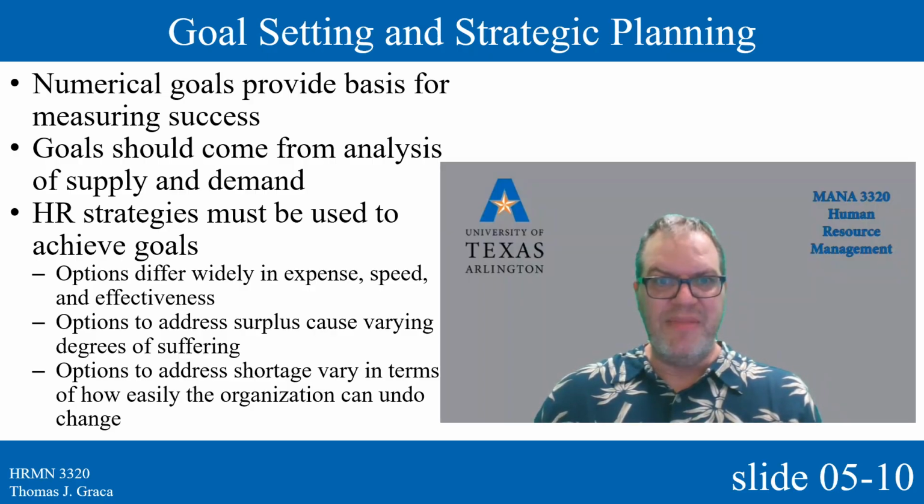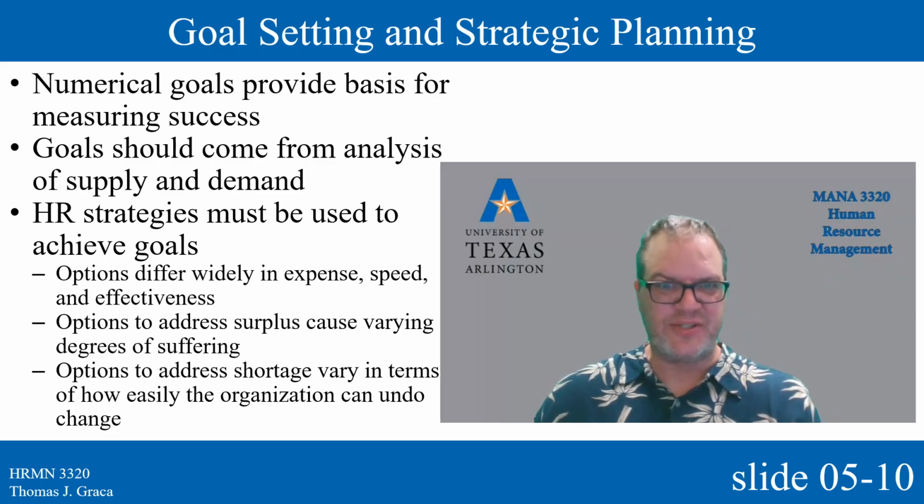There are many strategies for dealing with surpluses and shortfalls. The next several slides go through many of the strategies, not all of them, but many, and highlight some of the considerations that one should take into account when thinking about one versus another.